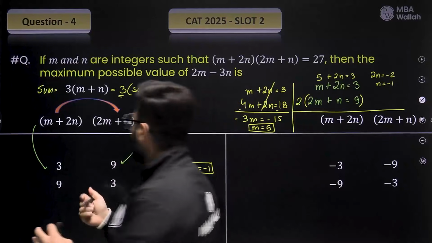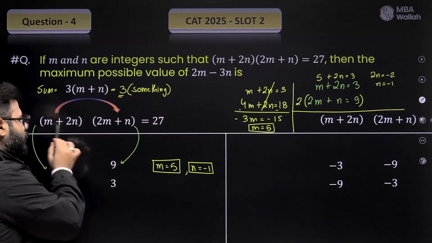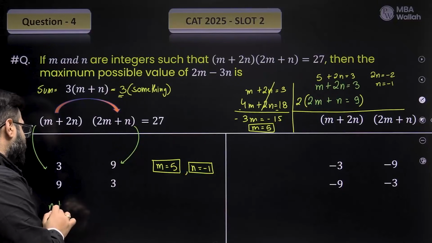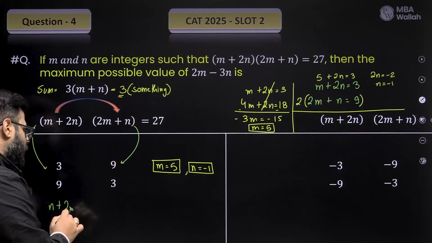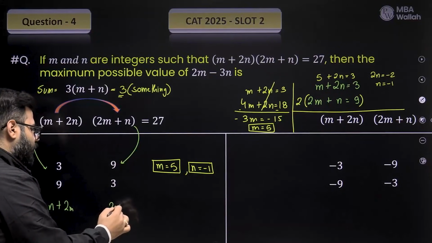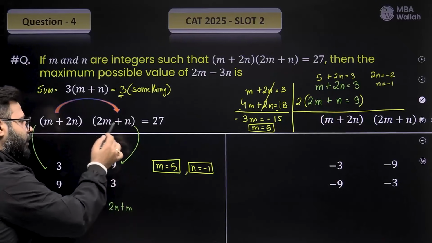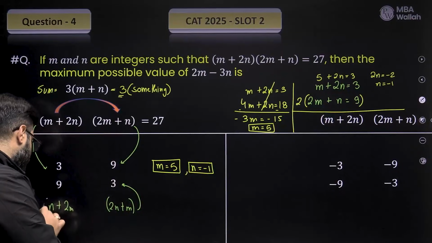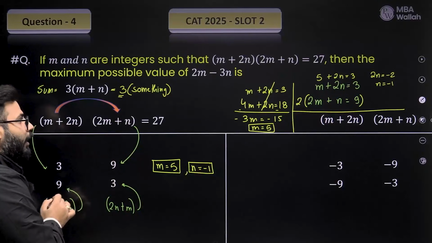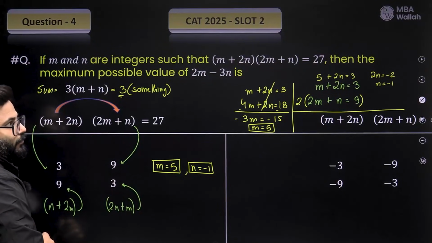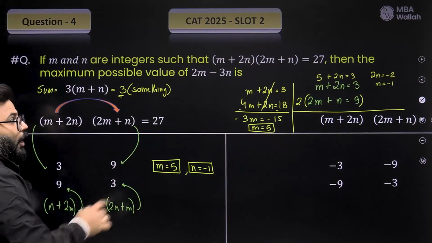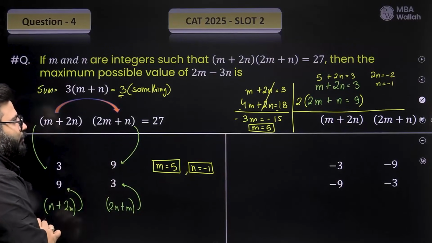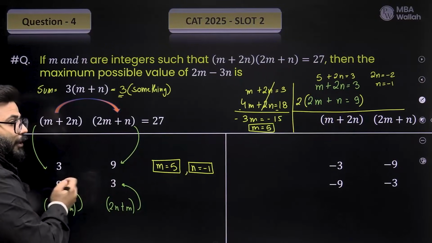Think, if I just replace this equation in such a manner that m becomes n, the first thing becomes n plus 2m. This becomes 2n plus m. What I've done is just simply replaced n with m. Have I reached again to this particular equation? n plus 2m is 9 there, and 2n plus m is 3 here. So I get the same thing.